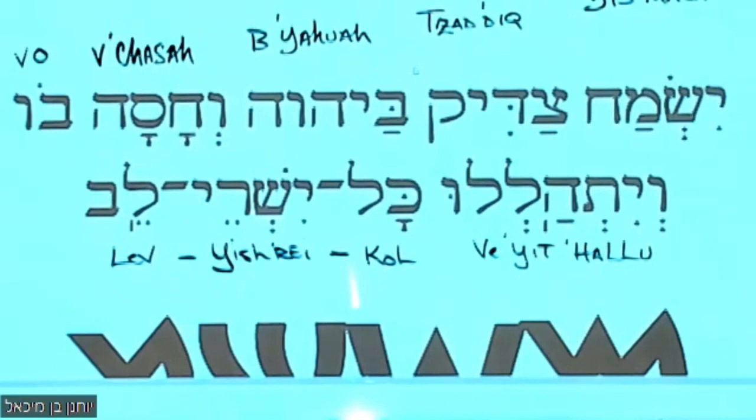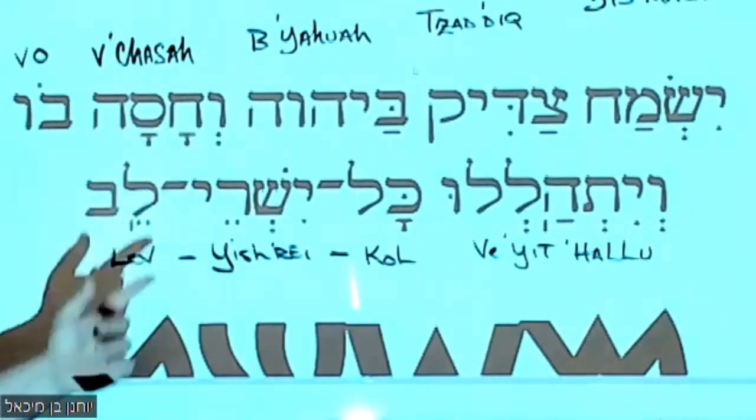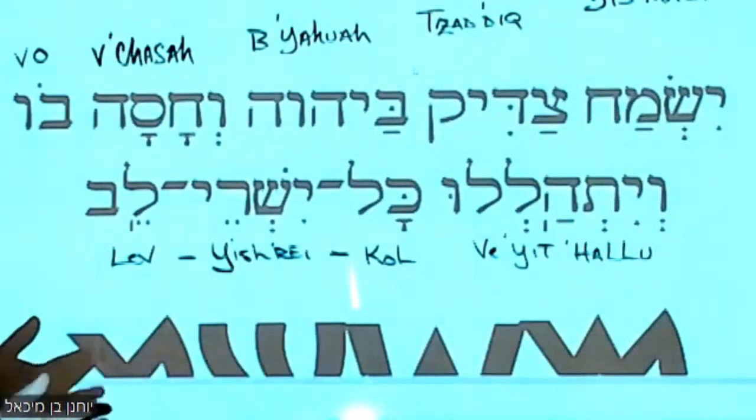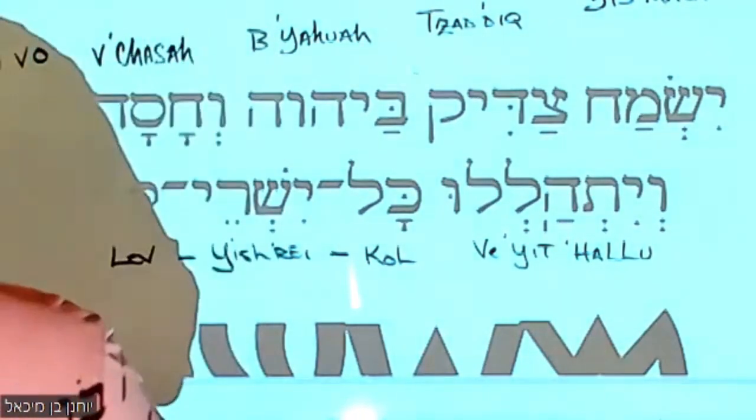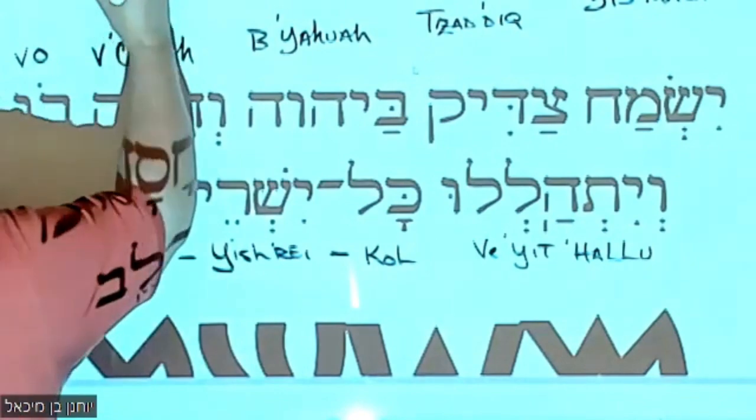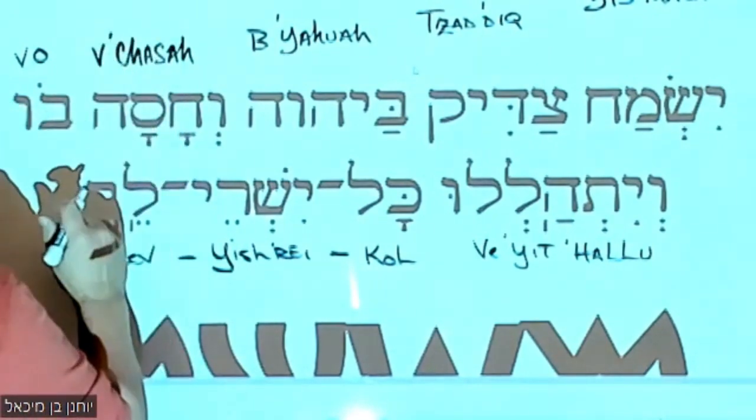Like I said, we look at the letter and we know that it's a prefix. The bet is either bet or vet. It is a prefix that means in. So vav as a prefix leaves us with the word chasa, which means to hide or to take refuge. So this righteous guy is going to rejoice in Yahweh and do what?